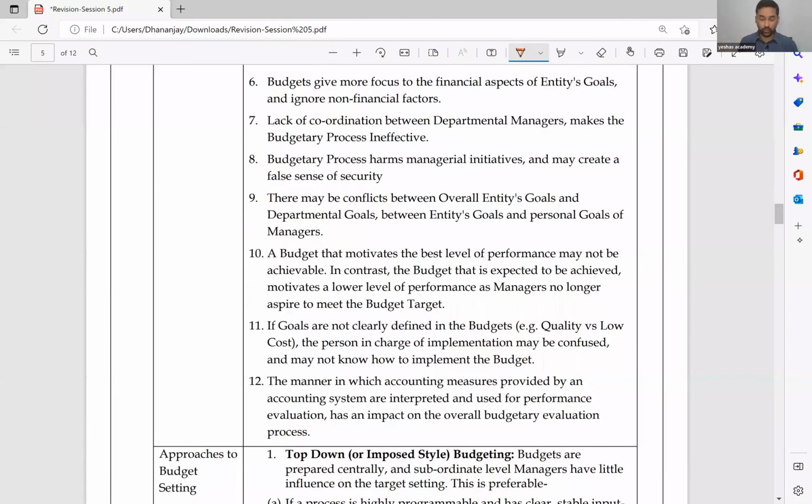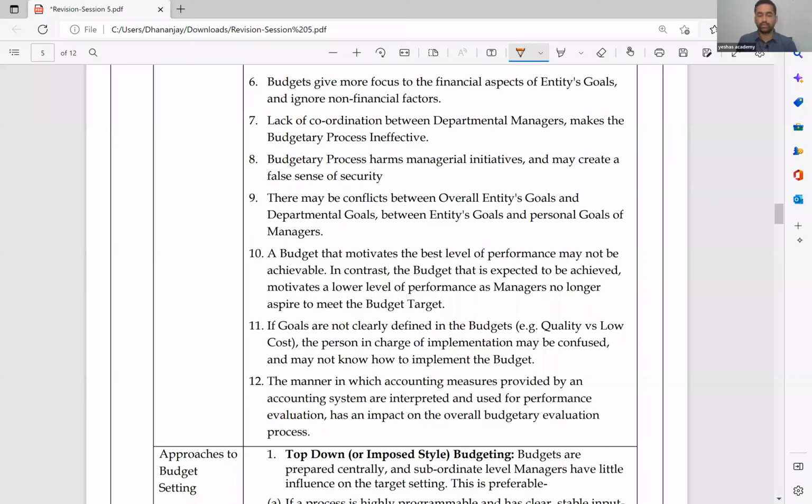He may not focus much on the quality. And when the manager is not focusing on the quality, customers will have a reason to be worried. And then management will have to spend a lot of money on defectives, rectification, all of that. Loss of goodwill also is another point.